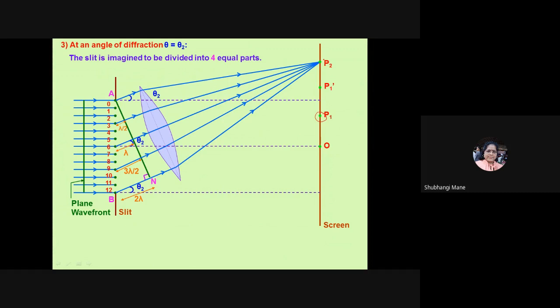And P2 is for n equals 2. The slit is imagined to be divided into 4 equal parts, and we calculate the path difference. So for n equals 1, dark band. For n equals 2, again dark band, corresponding to P1 and P2.